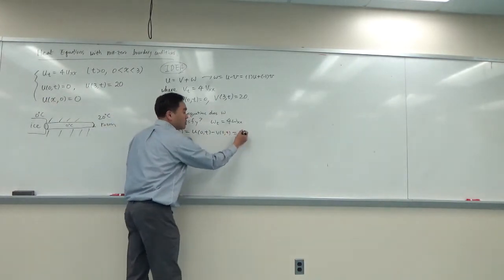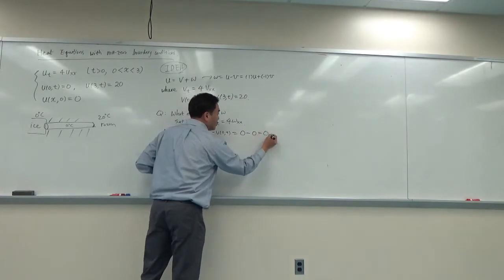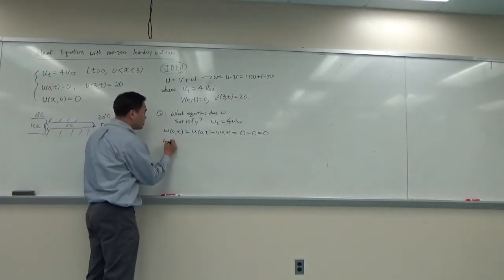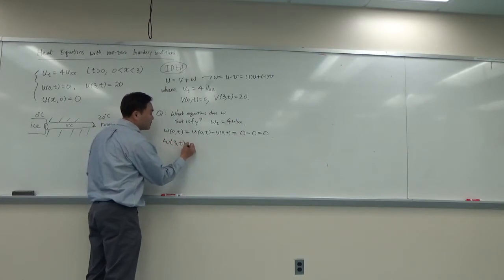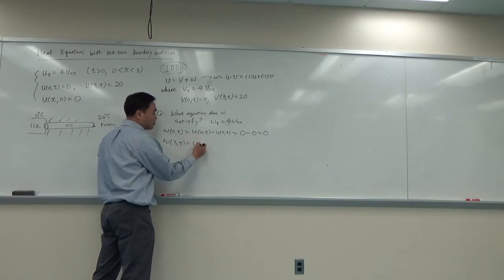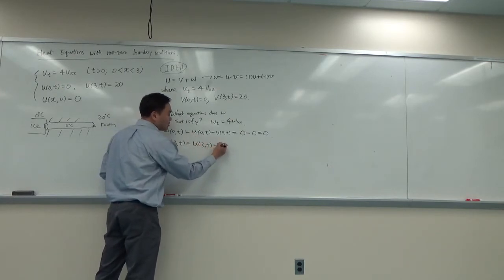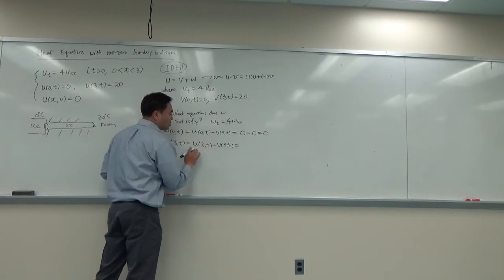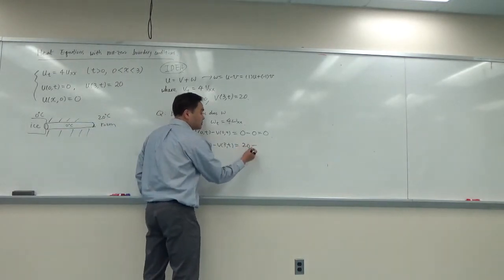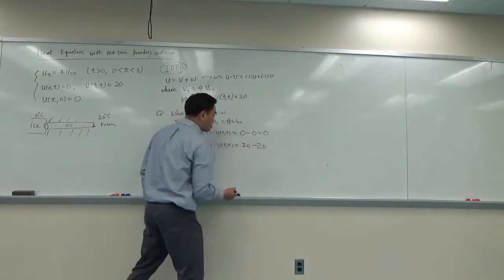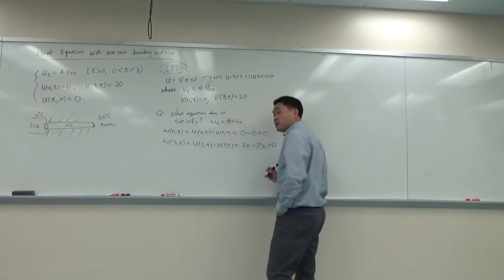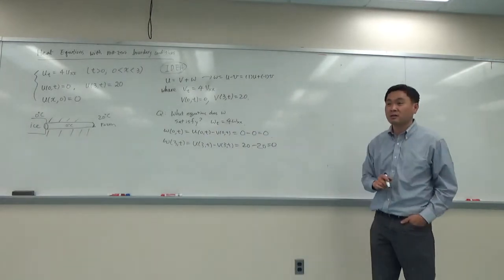What's V of 0,t? 0. Okay. What's W of 3,t? It's U of 3,t minus V of 3,t, right? What's U of 3,t? 20. What's V of 3,t? 20. So what's W of 3,t? 0. 20 minus 20 is 0, right? Okay.